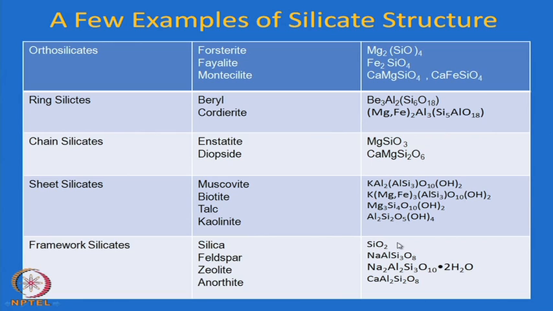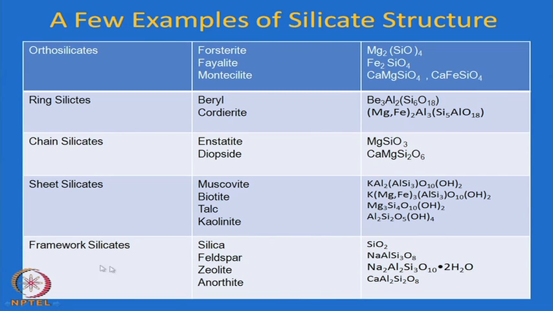All the oxygen ions are shared by silicon ions, but because one of the silicon ions has been replaced by aluminum, which goes to the tetrahedral site, to compensate for the charge imbalance one sodium ion has to come in, and that is how a feldspar compound is created.